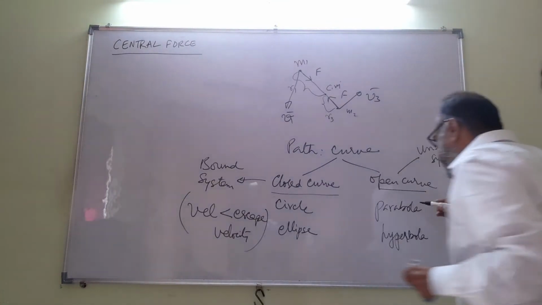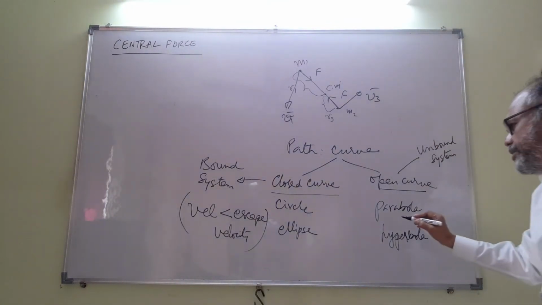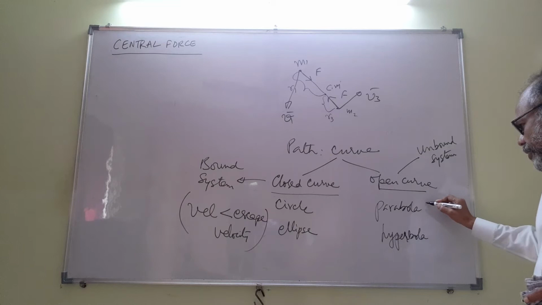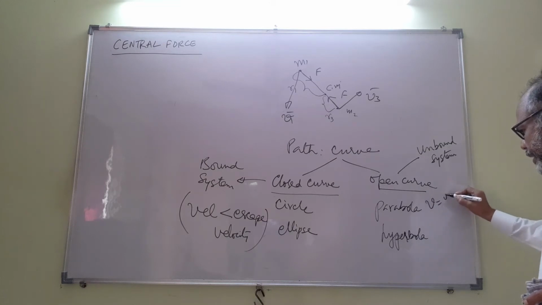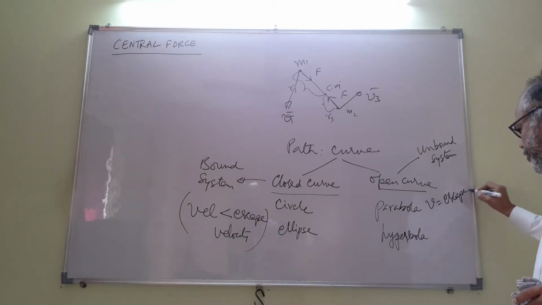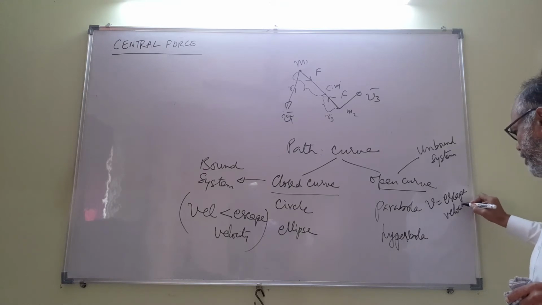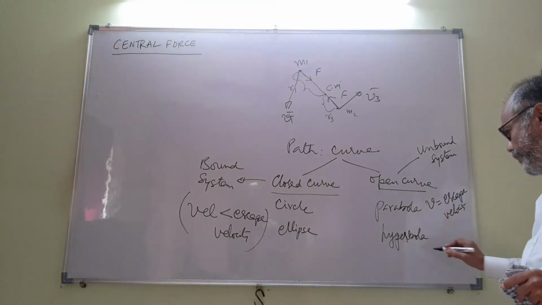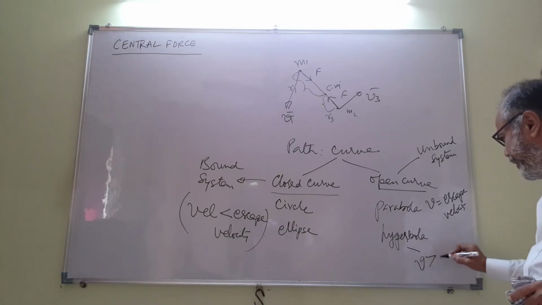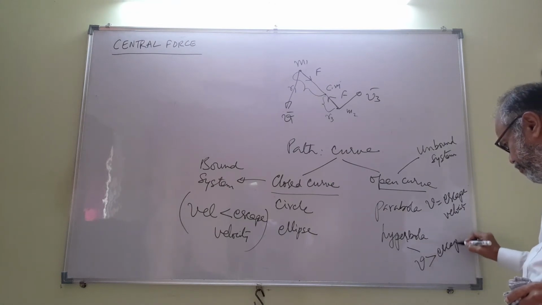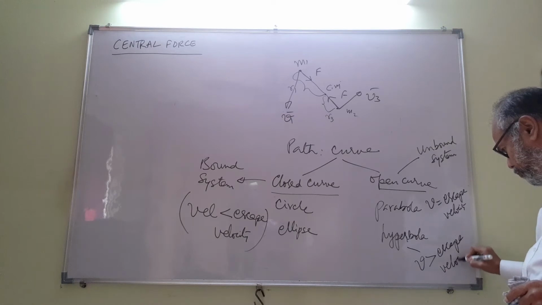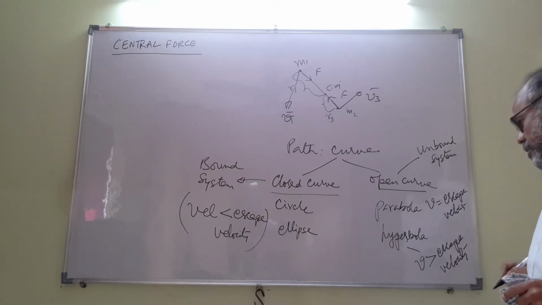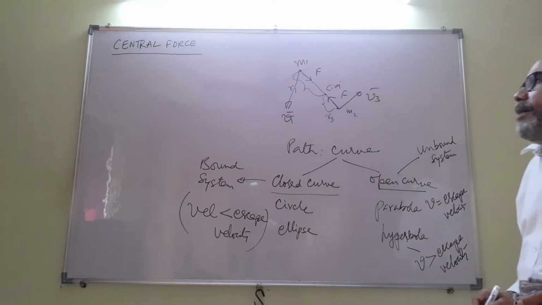On the other hand, if the velocity is exactly equal to the escape velocity, then the path of the particle would be a parabola. And if the velocity is greater than the escape velocity, the path would be a hyperbola.